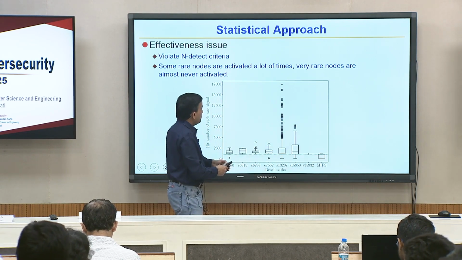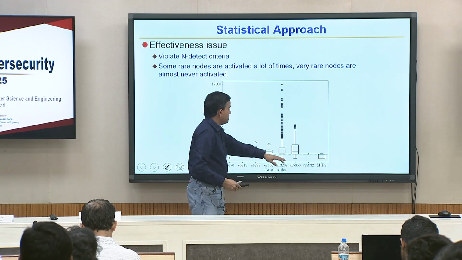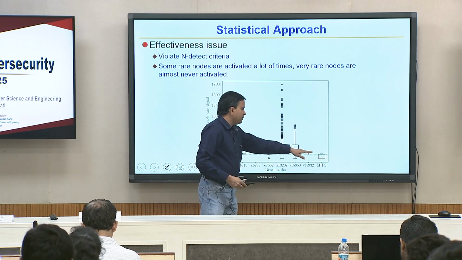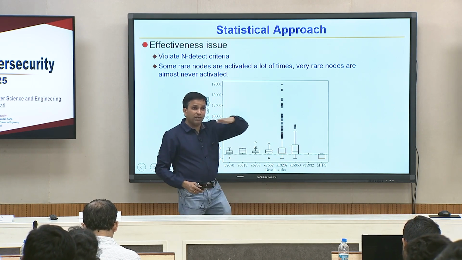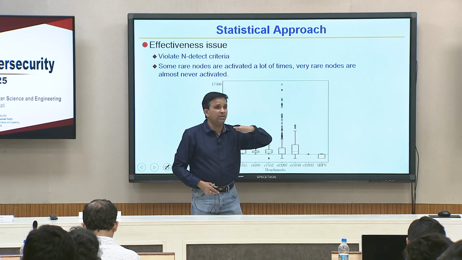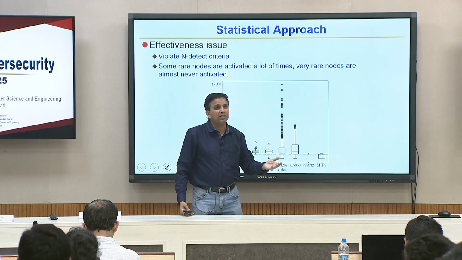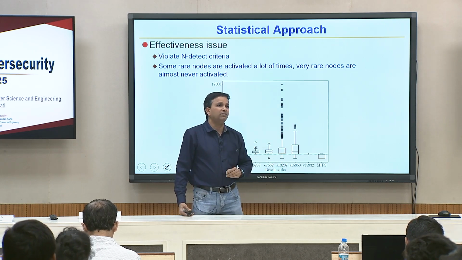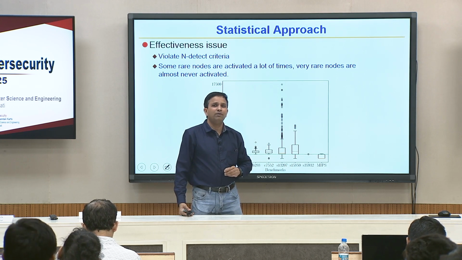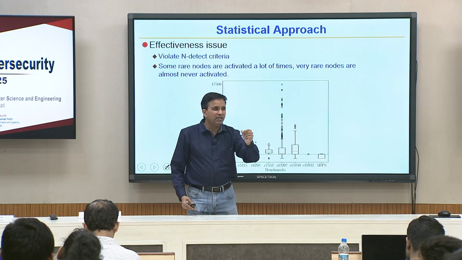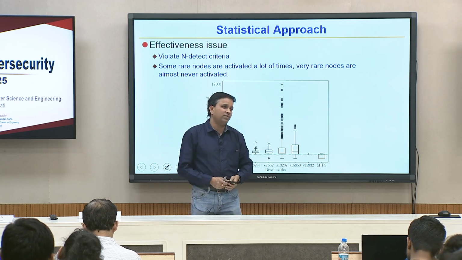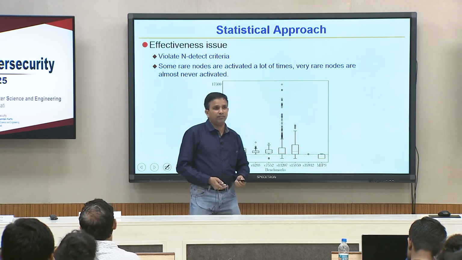That is why you will see some of them are barely covered, maybe 1 or 2 times. You wanted to hit everybody 1000 times, but some are covered 1 or 2 times, and some are covered millions of times. If you try to make the rarest one hit 1000 times, you have to try trillions of tests. It is not going to work.